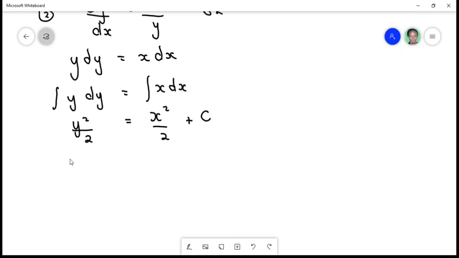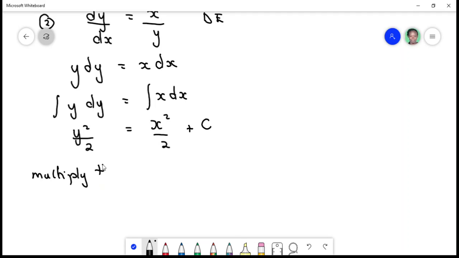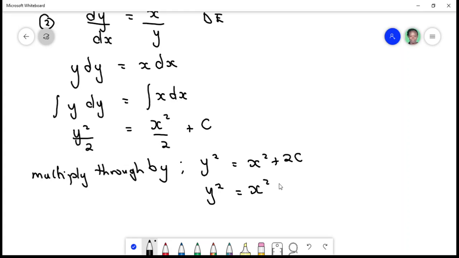If I multiply through by 2, I have y squared equal to x squared plus 2c, because we are multiplying through by 2. So here you have y squared equal to x squared plus C, because 2 times a constant still gives you a constant.